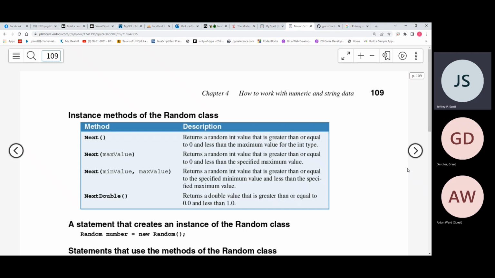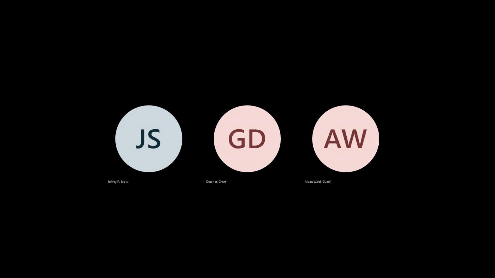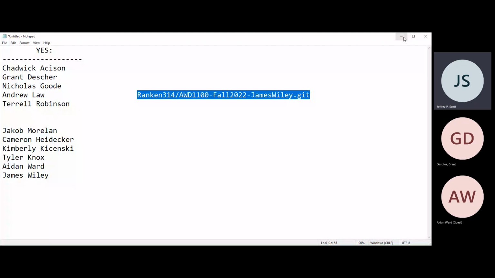Now, one thing most people don't get, I'm going to switch my share back for just a second. I'm going to go back to that page I was just on where I was in Notepad, if I can find it. It's not the one I want.